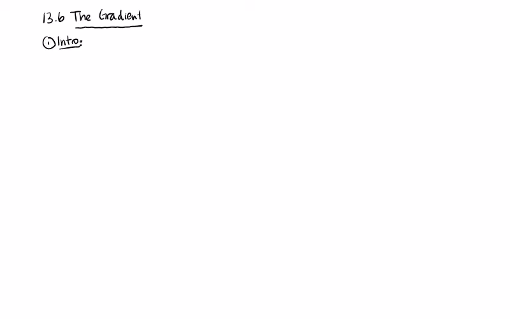In 13.5, when we looked at the directional derivative, what we're basically saying is if you have a function and you choose a direction, you can figure out the rate of change in that direction. So given, let's say, in 2 dimensions, for example, if we choose a u, let's say a unit vector, then this is the directional derivative.